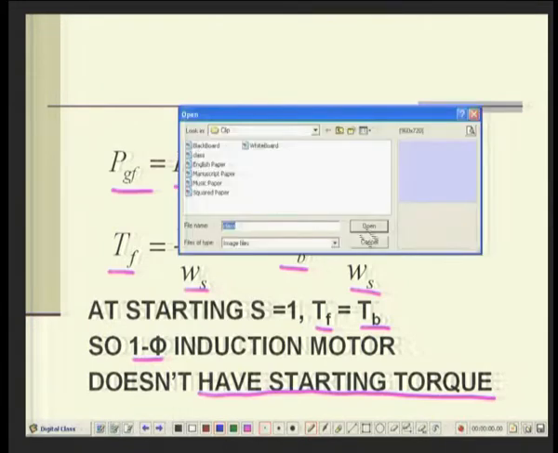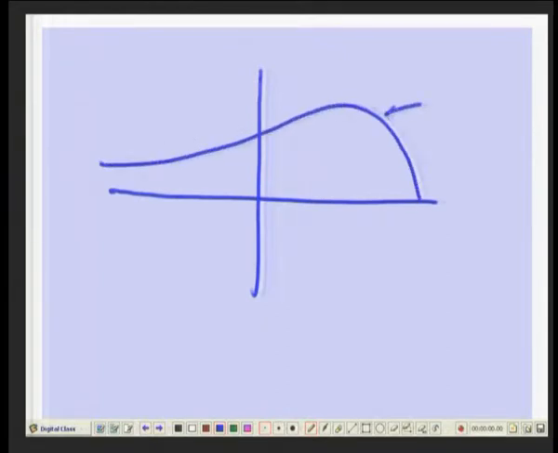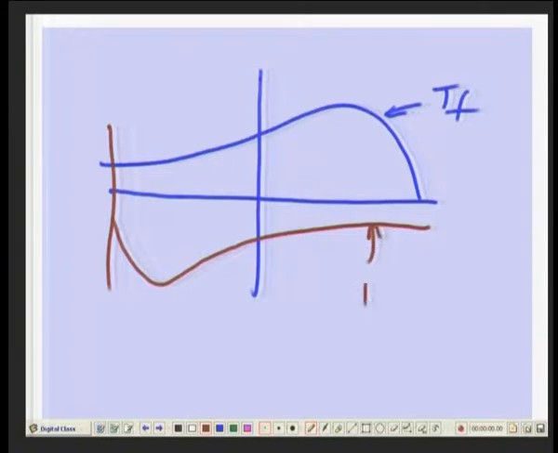We also said that in view of this, you have a curve with the forward torque, the backward torque, and the net torque. What you observe is there is no starting torque, and the zero torque point is not at synchronous speed but less than synchronous speed, and the maximum torque is not at the same point.